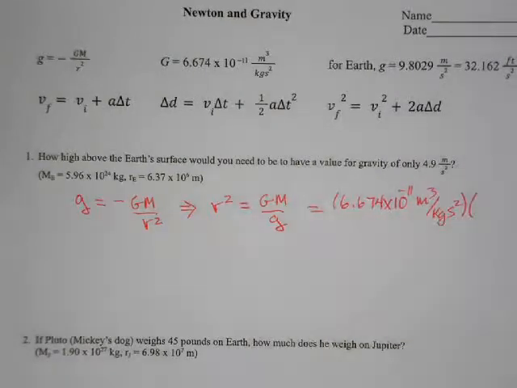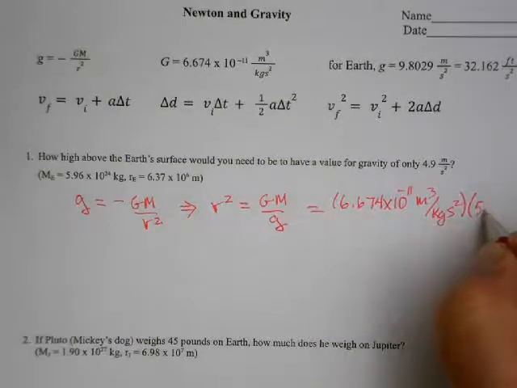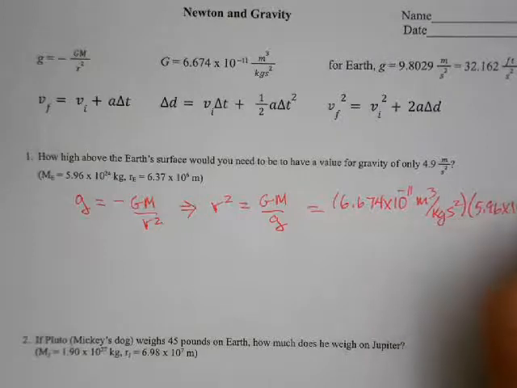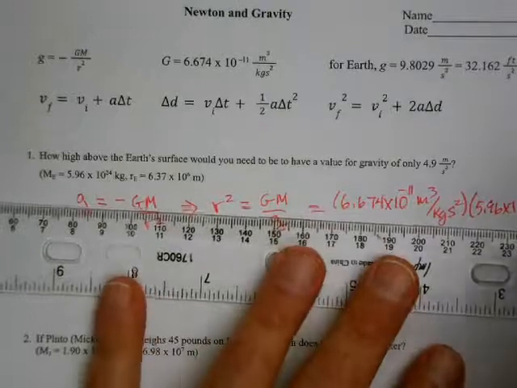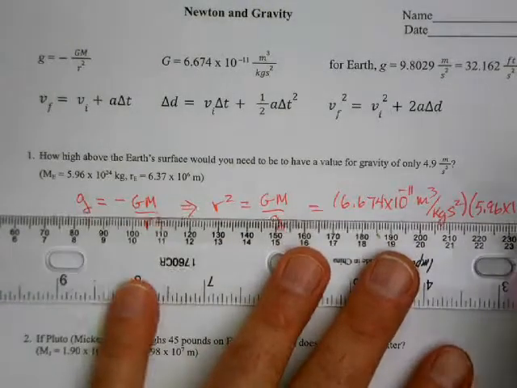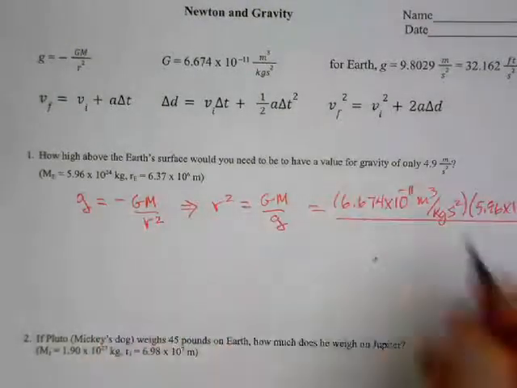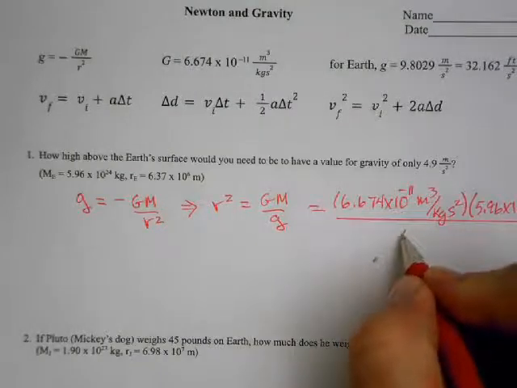Mass, we're going to use the mass of the Earth here because we're talking about above the Earth's surface. And then, as I said, our gravity will be 4.9.